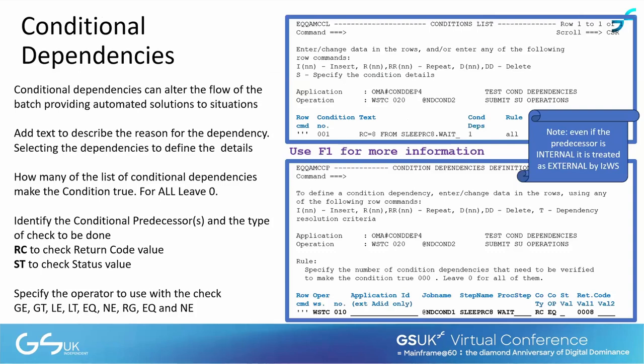Conditional dependencies. The example I've got on here is just a simple one. So I'm going to wait to make sure that my return code was 8 on a particular job and a particular step, in fact.